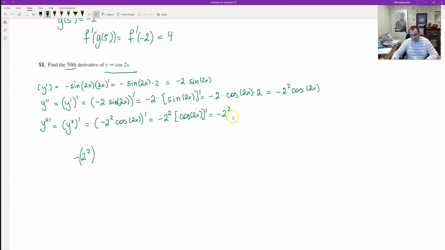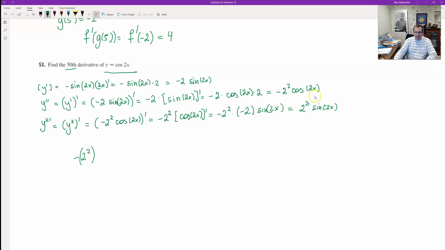Okay, with that said, the derivative of cosine of 2x is negative 2 times sine of 2x, which combines to positive 2 cubed sine of 2x.